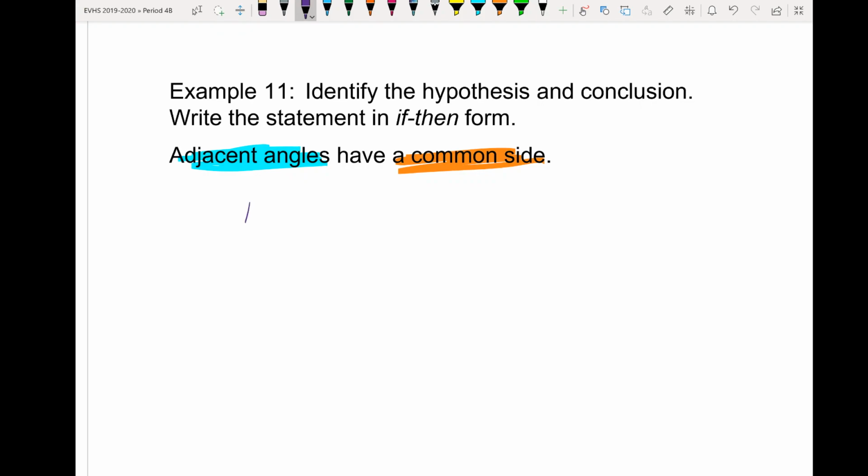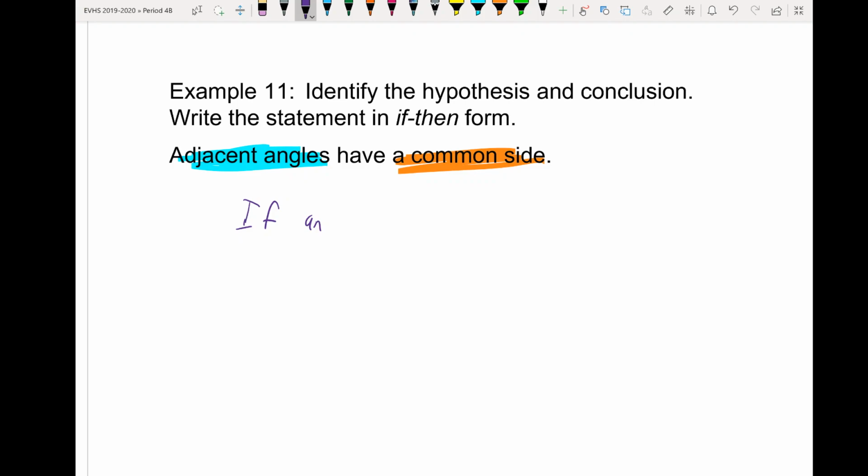So, if, now how would I write that? If, okay, we always want ifs, but we want to stay away from the "you have" scenario, because technically I don't have it. If an angle, or if angles are adjacent, we're talking about the properties of the angles. If the angles are adjacent, then you'll have a common side.